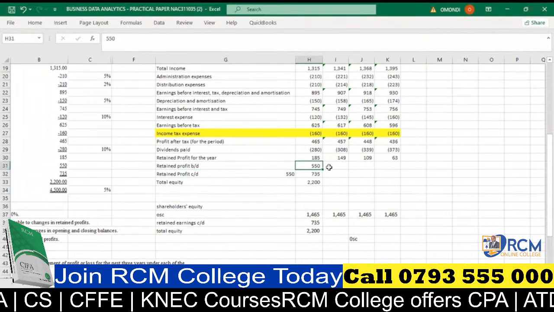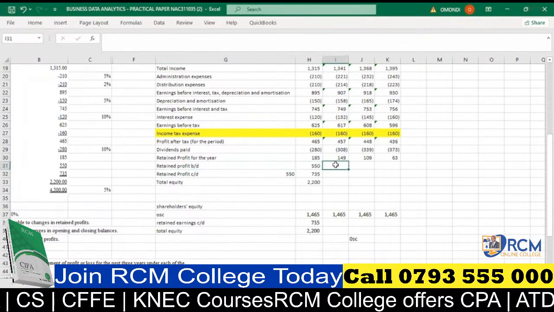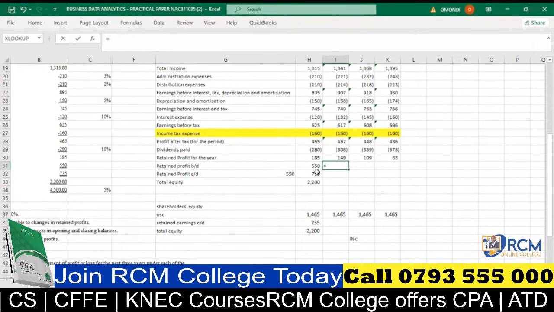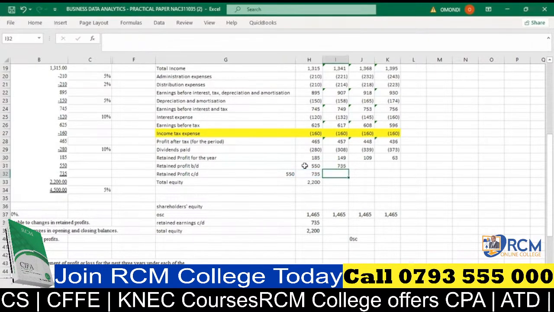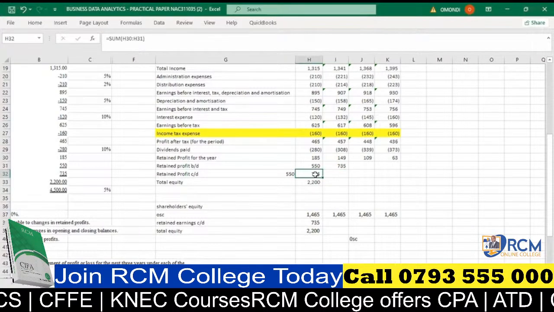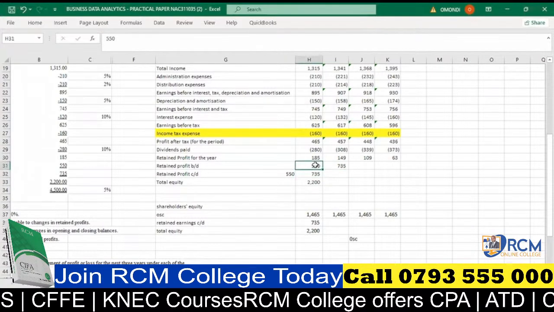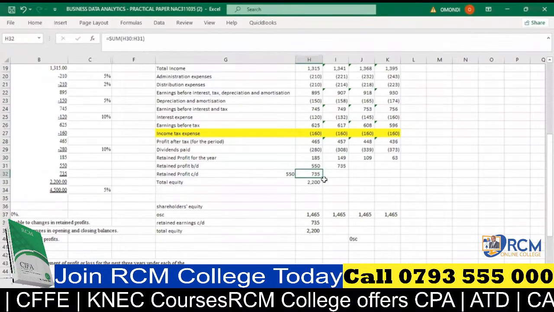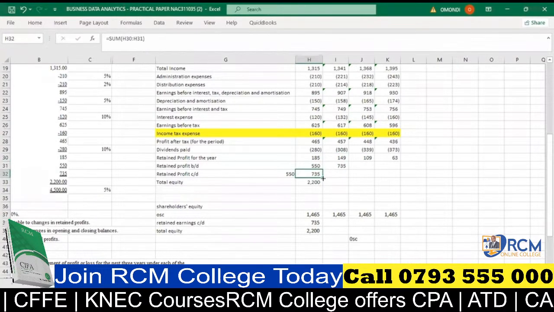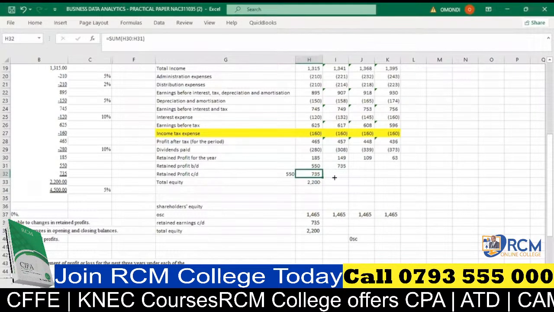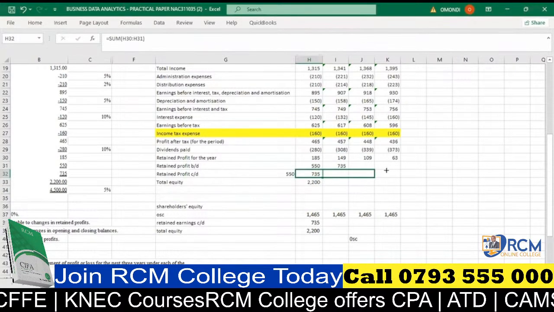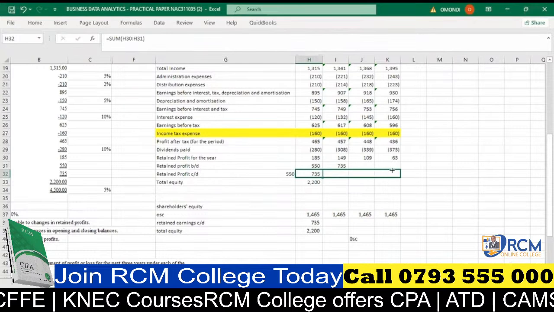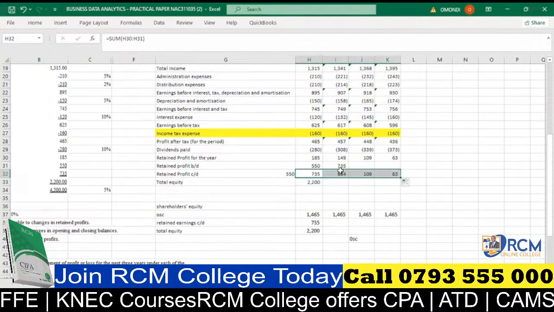So it means if we now go to 2023, our 735 yenye iko hapa ndio itakuja hapo juu. Then for us to get the total, tulichukua retained profit brought down plus the profit for the year. Na tukafanya aje? Tukapata hiyo total.